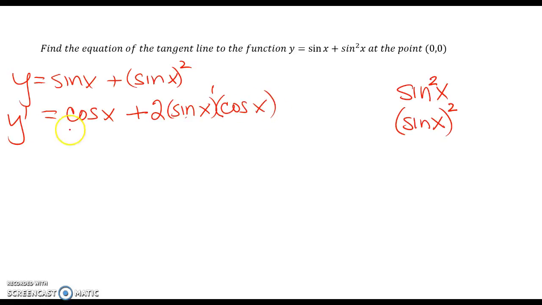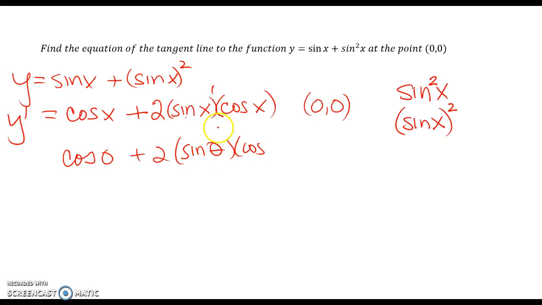So this is what we have: cosine x plus 2 sine x cosine x at the point (0, 0). Cosine of 0 plus 2 sine of 0 times cosine of 0. Now, I do know that sine of 0 is 0, so this term will be 0.